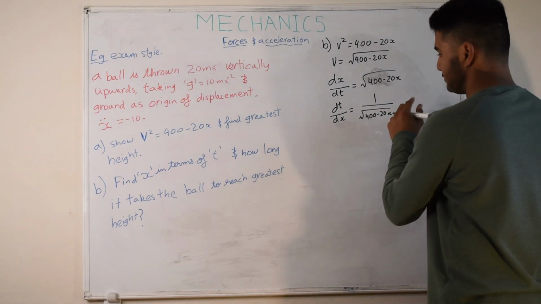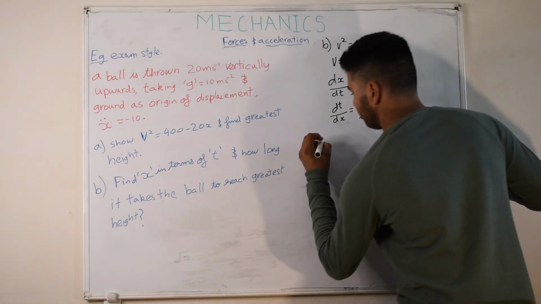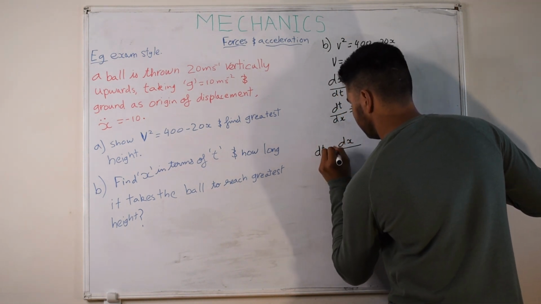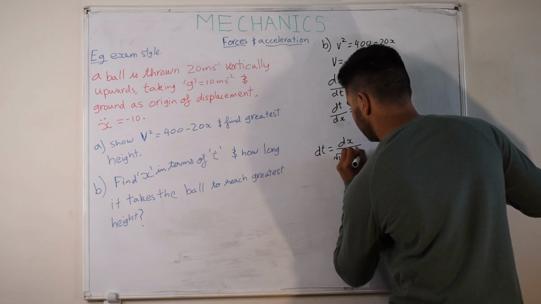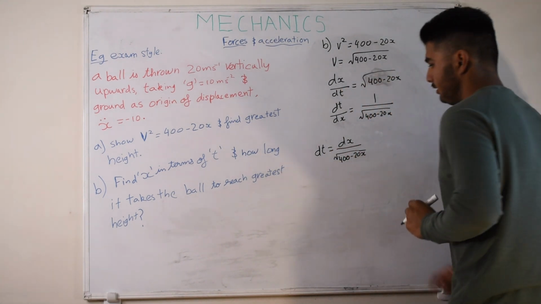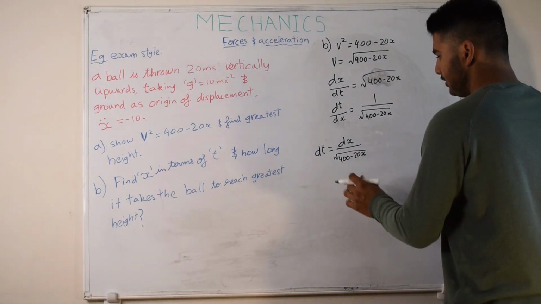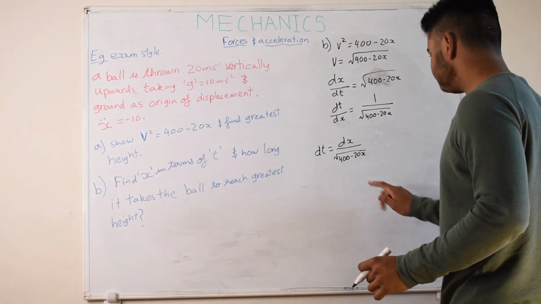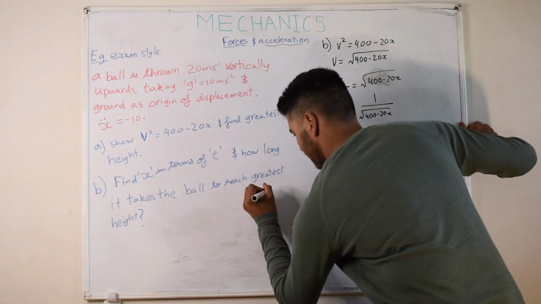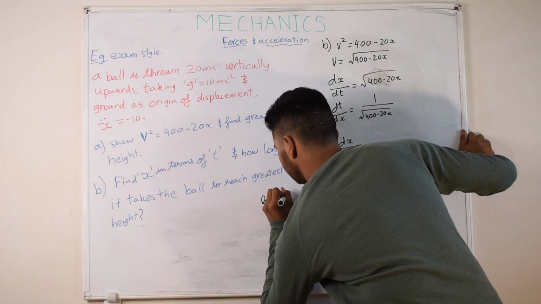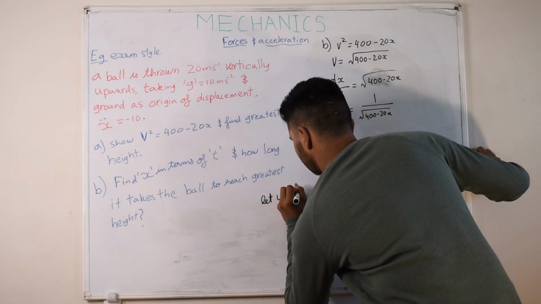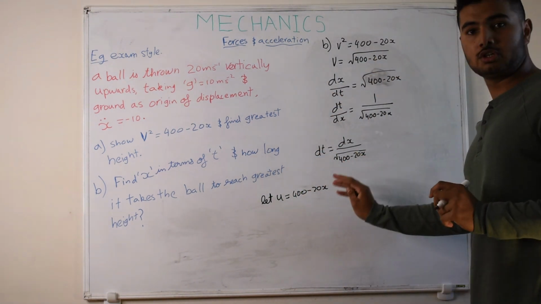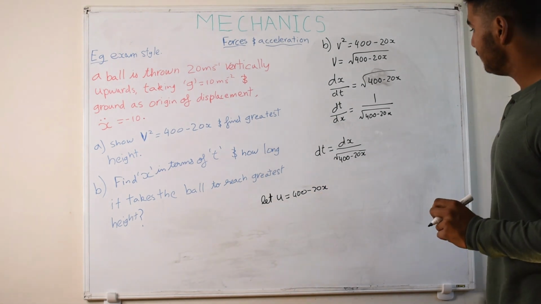Multiply both sides by dx, so we're left with dt equals dx upon the square root of 400 minus 20x. Integrate both sides. To do the integral for this, we'll use integration by substitution. Let u equal this 400 minus 20x. You should cover integration by substitution in both Extension 1 and in 4-unit maths.